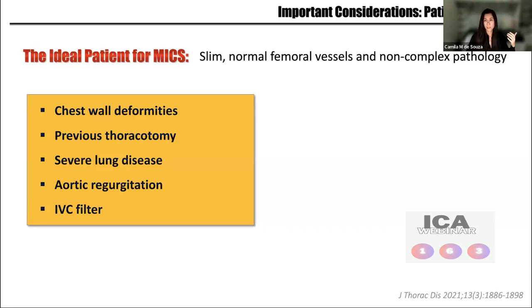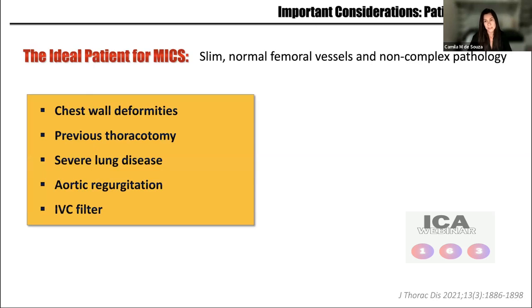The presence of aortic regurgitation can be a problem because in most of these procedures, when cardiopulmonary bypass is required, we use antegrade perfusion for myocardial protection and to arrest the heart. So the presence of severe aortic regurgitation is a contraindication.